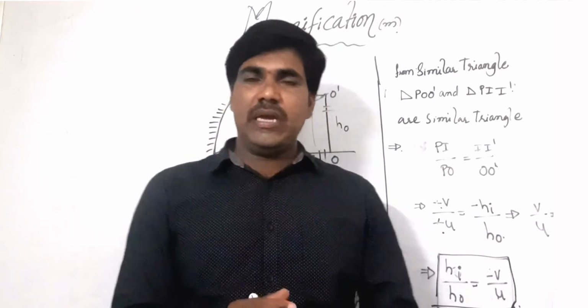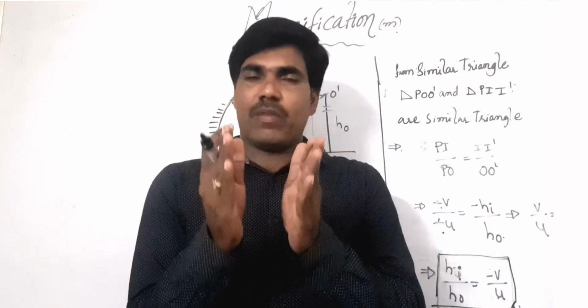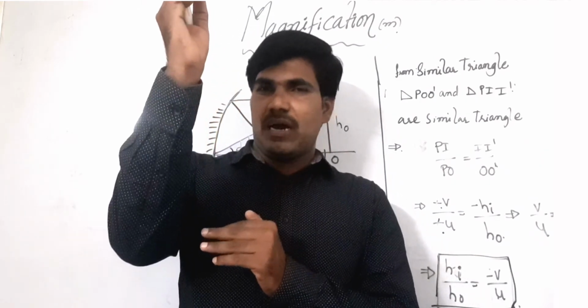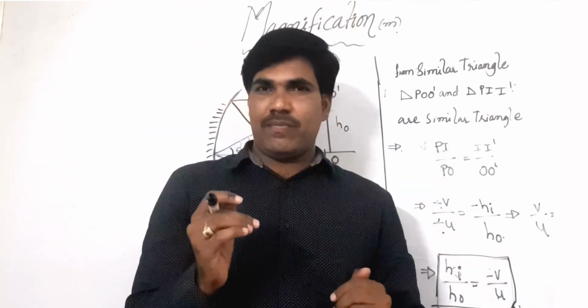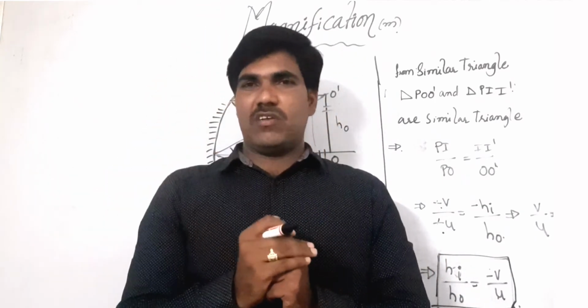What actually is magnification? Magnification is defined as either the ratio between the image height and the object height, or the image distance to the object distance.